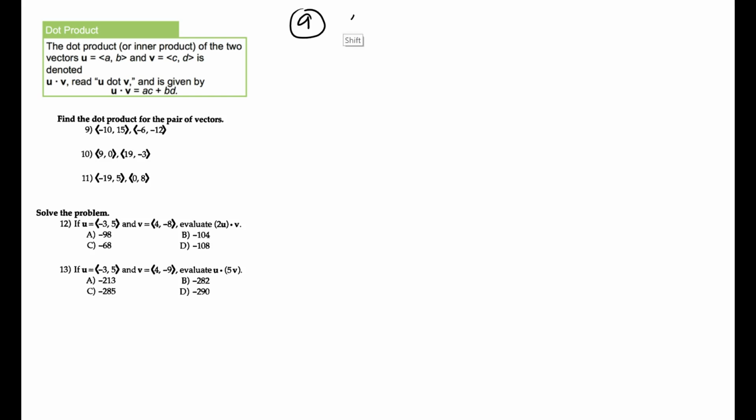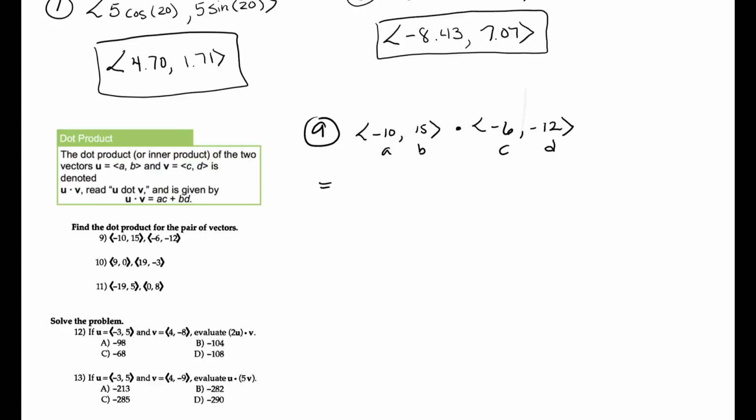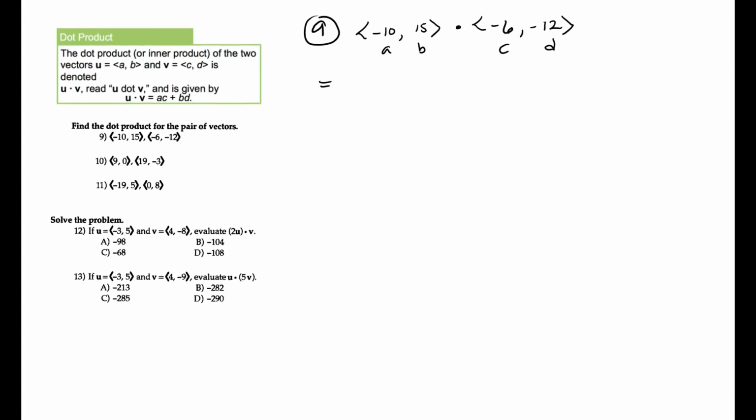If we have negative 10, comma 15, the first vector, and we dot it with negative 6, comma negative 12, this is a, b, c, d. The dot product here is ac plus bd.